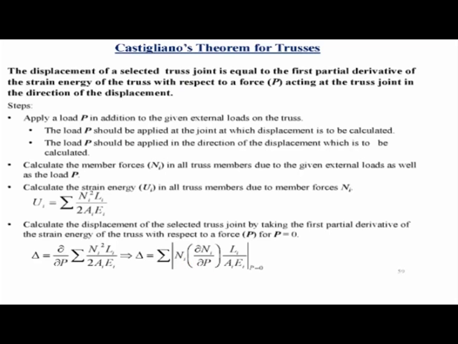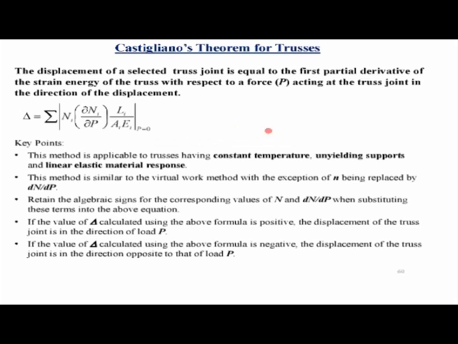Again, in order to explain this more clearly, we'll take an example very shortly. But before that, I just wanted to mention some key points. As I said, the displacement of a selected truss joint is equal to the first partial derivative of the strain energy of the truss with respect to a force acting at the truss joint in the direction of the displacement.